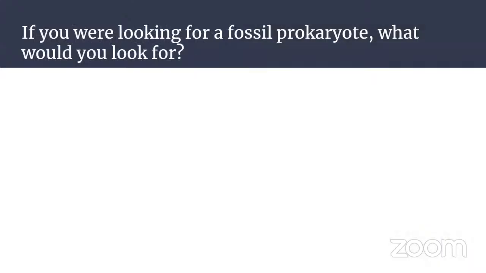Okay. So other than the stromatolites, I want you to discuss real quick, if you were going to look for a fossil prokaryote, what would you even look for? You're out looking at rocks, maybe in Australia, maybe in some other datable rocks of the right time period.